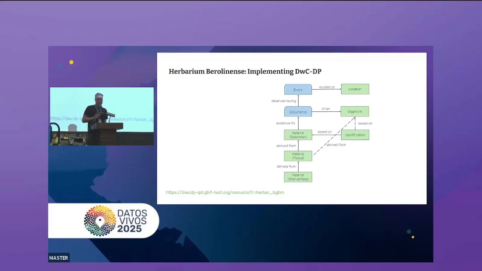The identification of specimens is based, of course, on the specimen, with the exception that if no specimen has been gathered, then the identification is based on the organism in nature.